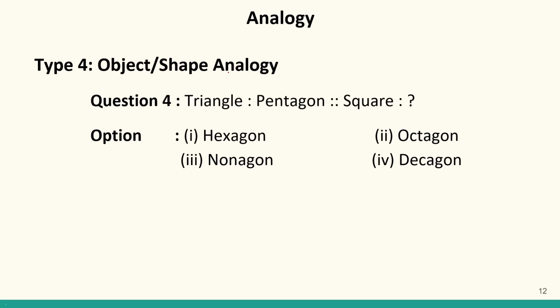Now, similarly, let us look at this question. Somehow triangle is related to pentagon and we have to find out how square is related to this missing element. So again, let me write the number of sides. How many number of sides are there in a triangle? We have 3.